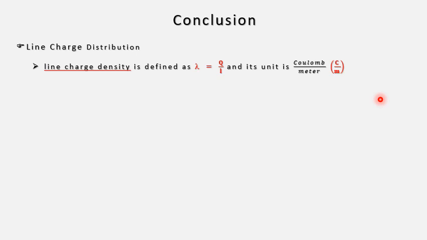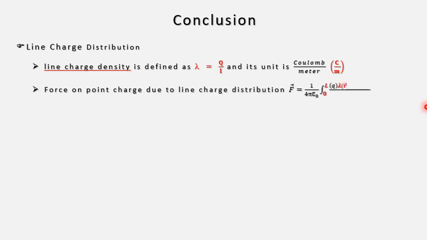F is equal to 1 by 4 pi epsilon 0 times an integration over area. Here we are integrating over area by dA, and we consider surface charge density. R prime is mentioned, so we are talking about non-uniform surface charge distribution. Otherwise, omit r prime.